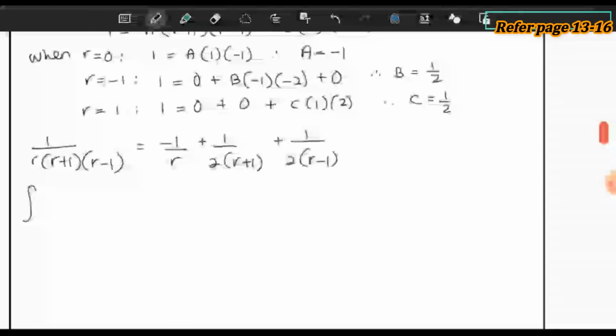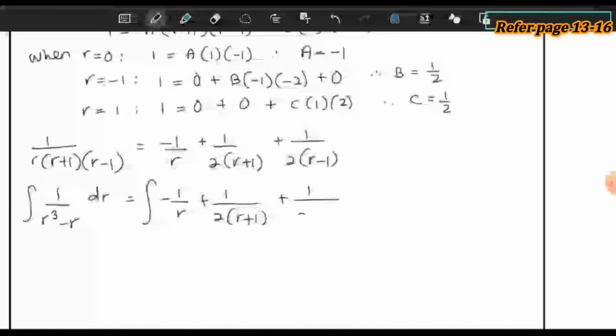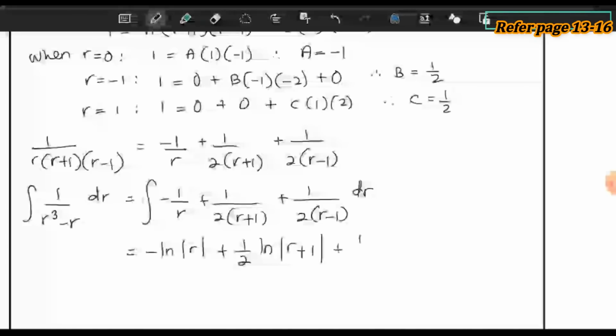So, the integration of 1 over r cubed minus r dr equals the integral of negative 1 over r plus 1 over 2 times r plus 1 plus 1 over 2 times r minus 1 dr. And we will get negative ln r plus half ln of r plus 1 plus half ln of r minus 1 plus d.